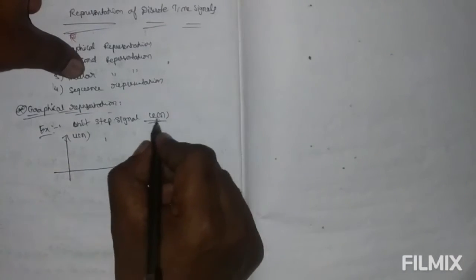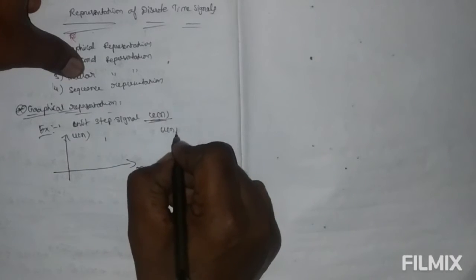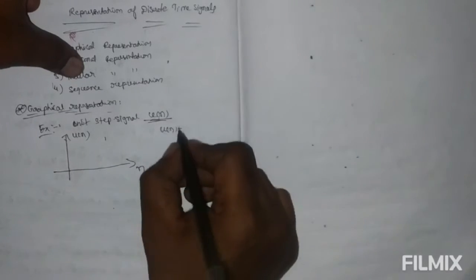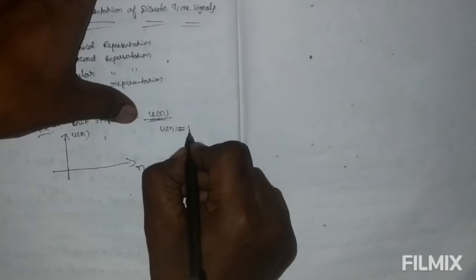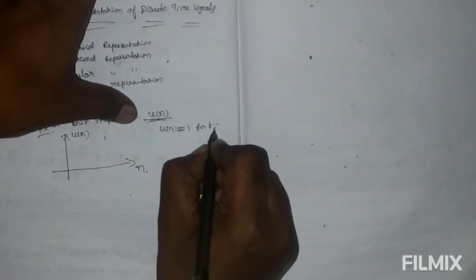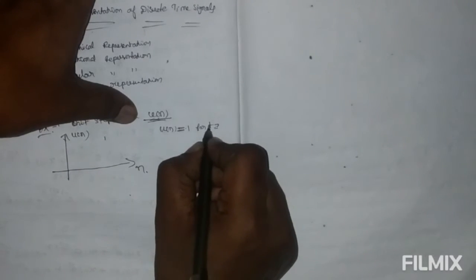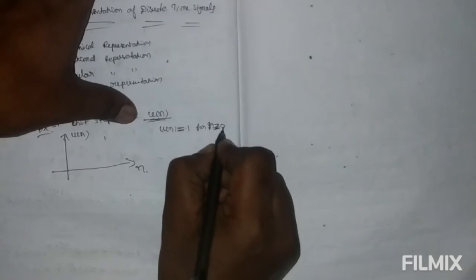The unit step signal U of n is equal to, you know that definition, 1 for n greater than or equal to 0.